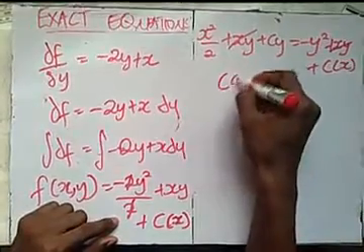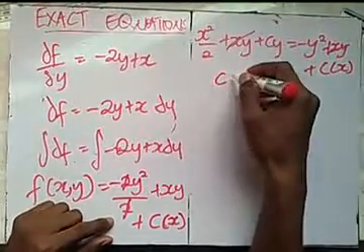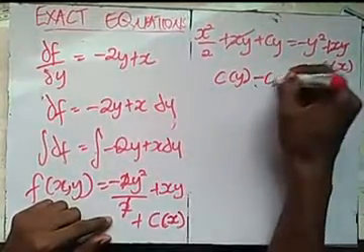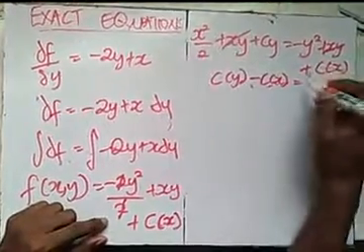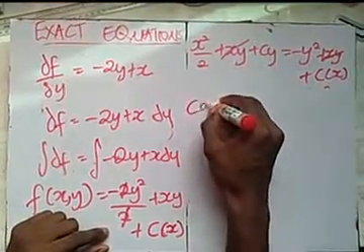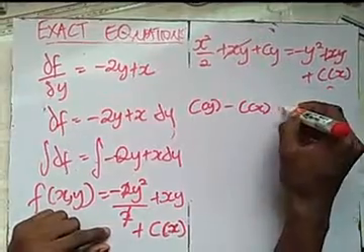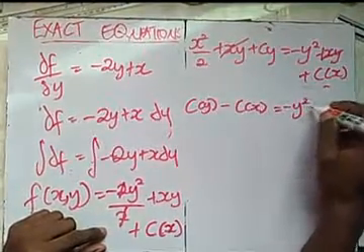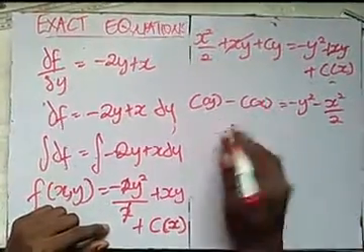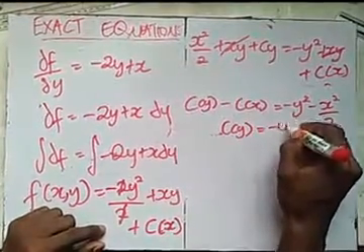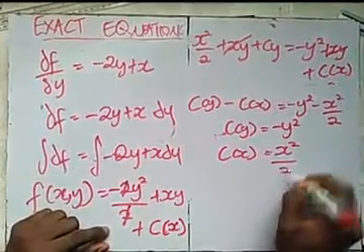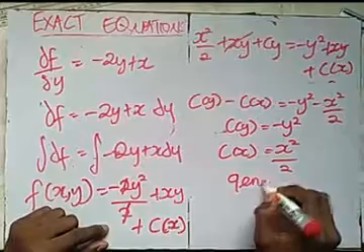We have c(y) minus c(x) equals minus y squared minus x squared over 2. So our c(y) is minus y squared and c(x) is x squared over 2.